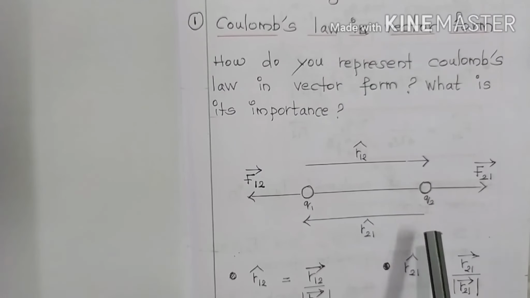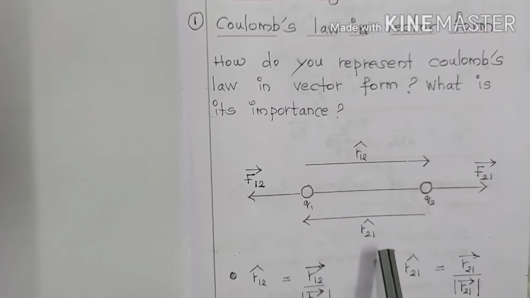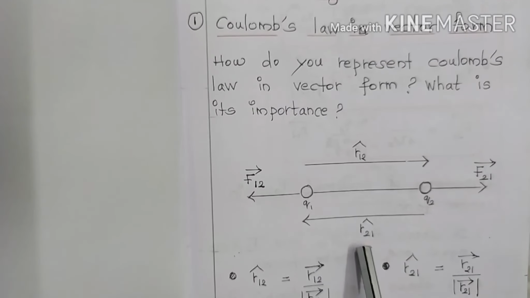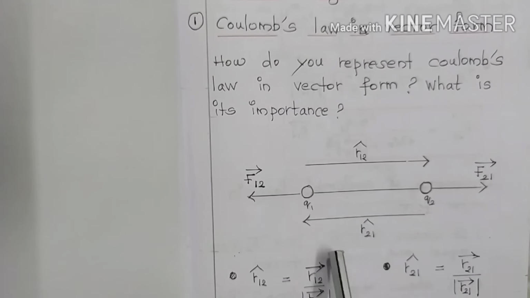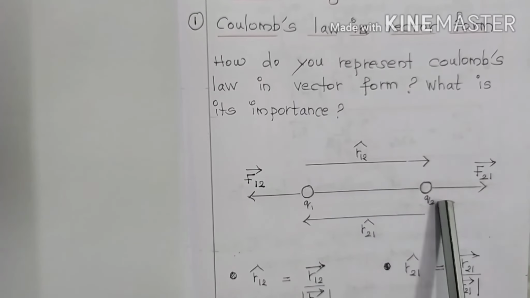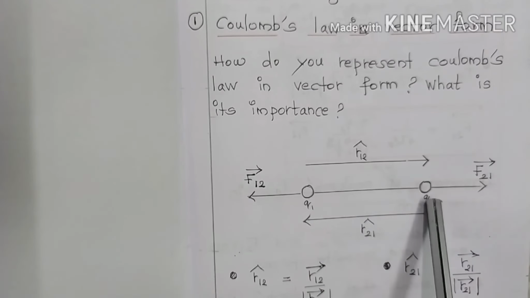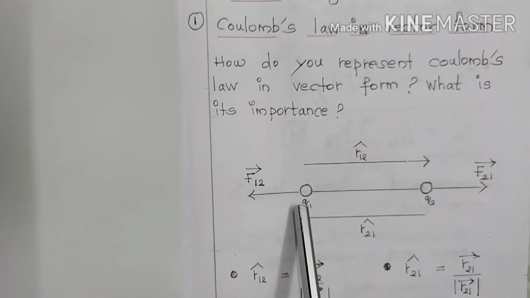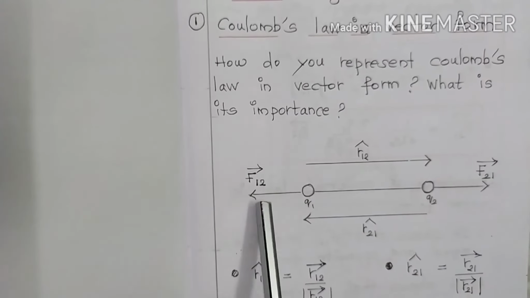Similarly here it starts from Q2 and terminates at Q1. So it is written R2 then 1, R21 unit vector. Now let us see the forces. Both the point charges are positive in nature. So this charge exerts a repulsive force on this and the force points in this direction.